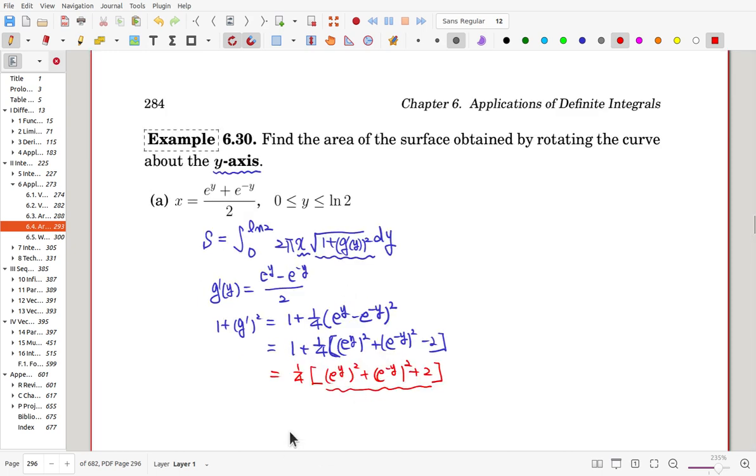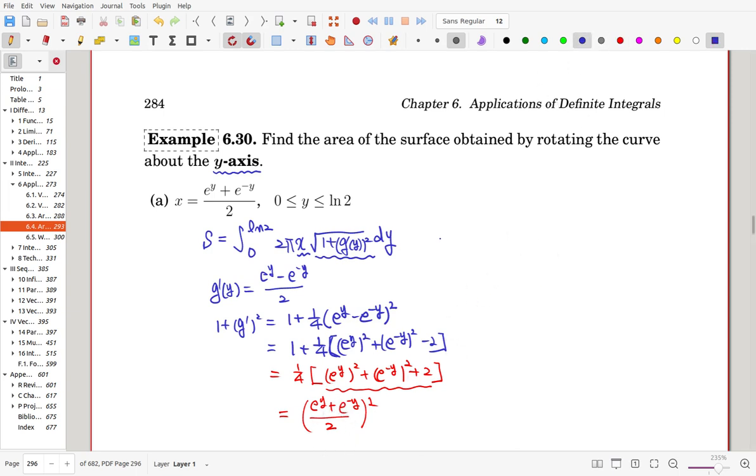So that is the same as half on the bottom, and e to the y plus e to the minus y here, that squared. Right?